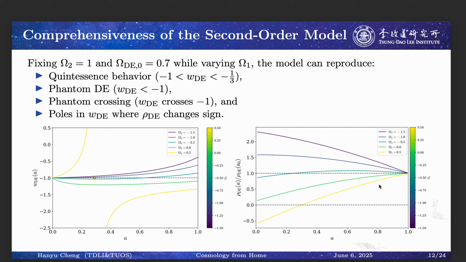We have quintessence behavior corresponding to the purple line in this plot, and we have phantom dark energy behavior corresponding to the green line, and we also have phantom crossing behavior corresponding to the blue line, and we also have poles in the equation of state corresponding to the yellow line. Because our second order model includes different situations, we can just let the data decide which situation is preferred.